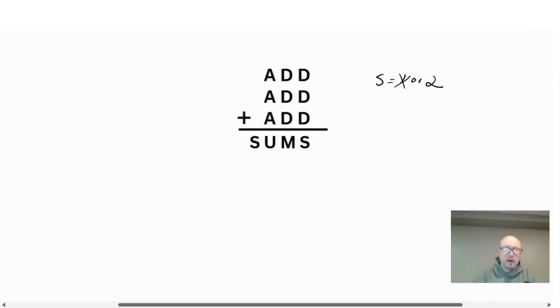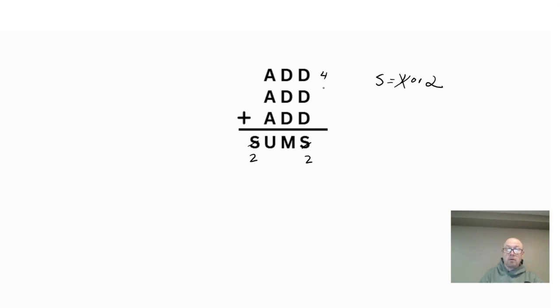All right, so we figured out in the first part that S cannot equal 1. So let's try S equal to 2. If S equals 2, we're going to make these 2. I need 3 numbers that are the same, that when I add them together, the ones digit comes out to be 2. Well, if I use D equal 4, I would get 4 plus 4 plus 4 is 12.